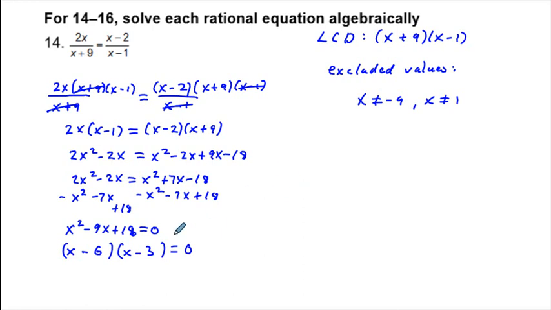So x is going to be equal to 3, x is going to be equal to 6, solving for this. And none of these are excluded values, so these are what we call real solutions.